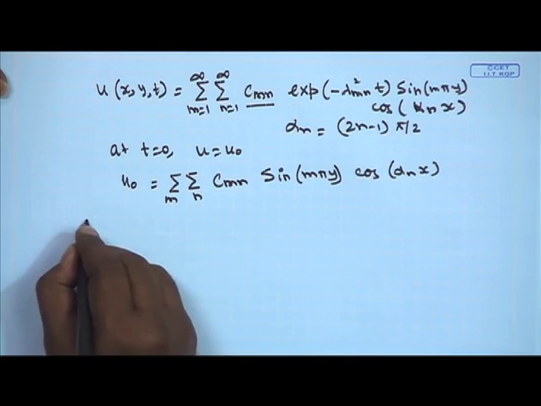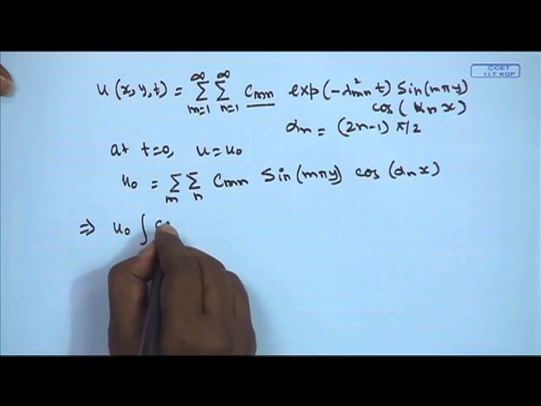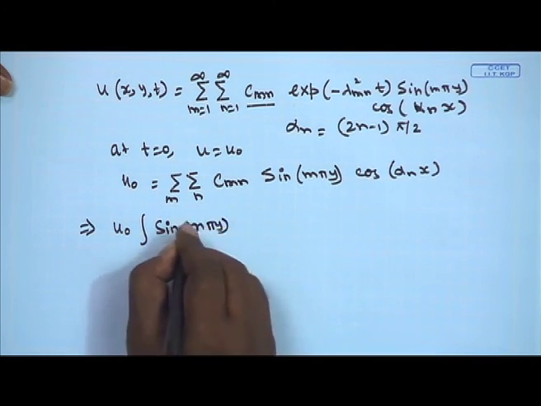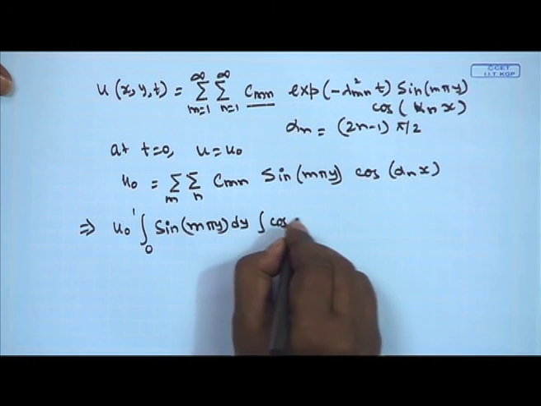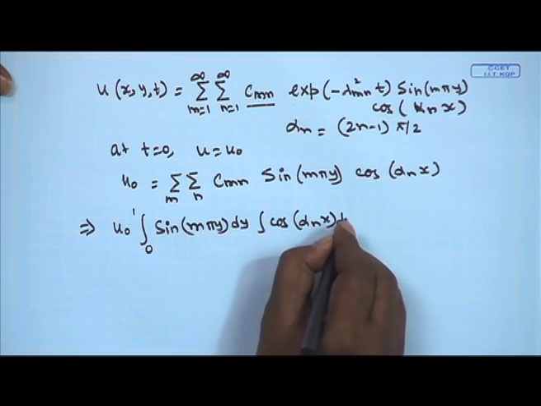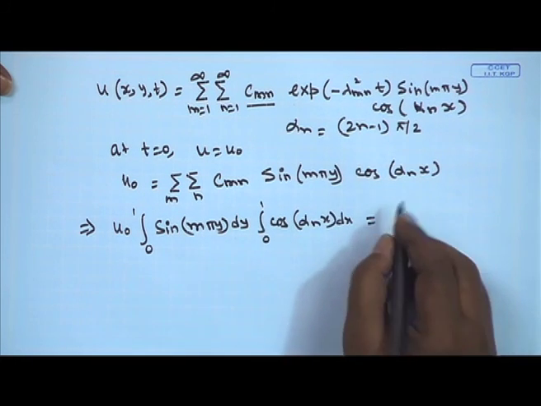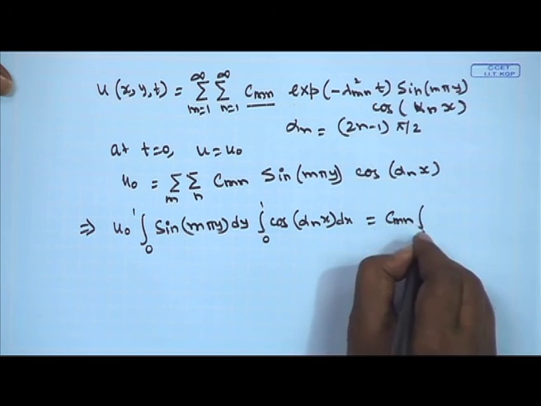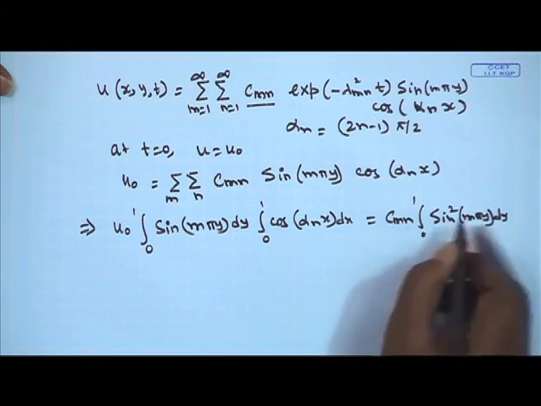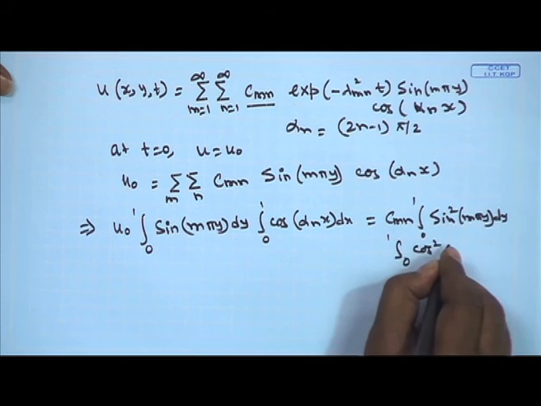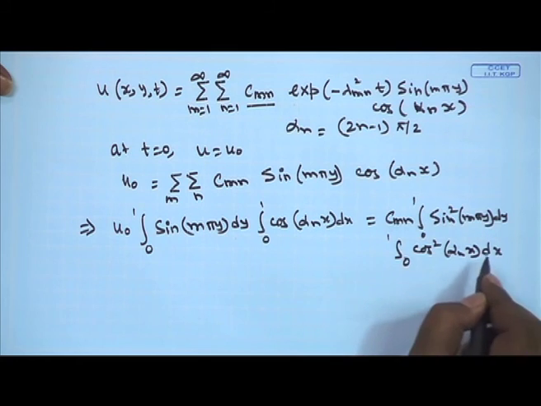If you do that, utilizing the separation of variables, then we will be getting u naught times the integral of sin m pi y dy from 0 to 1 and the integral of cosine alpha_n x dx from 0 to 1, and only one term will survive on the right hand side when m is equal to n, and we will be getting C_mn times the integral from 0 to 1 of sin square m pi y dy and the integral from 0 to 1 of cos square alpha_n x dx. We have already seen that this integral is half and this integral is half.